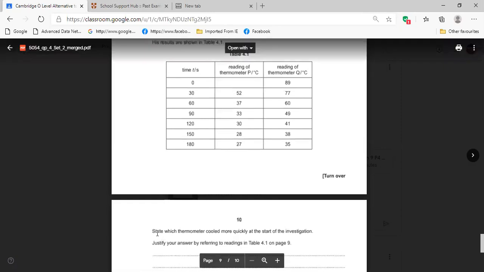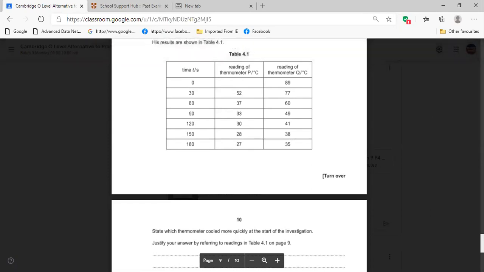Ifaz, you read here. State which thermometer cooled more quickly at the start of the investigation. Justify your answer by referring to readings in table 4.1 on page 9. So we are talking about this table, and from this table you have to give reasons, logic.